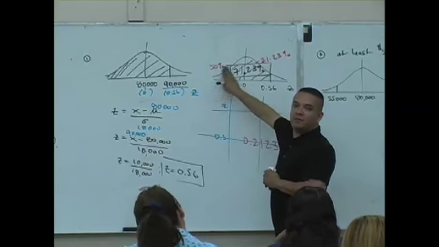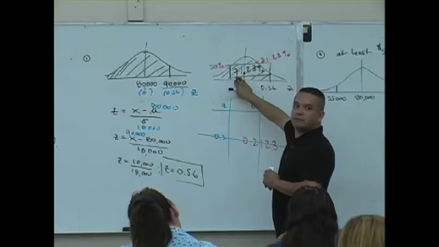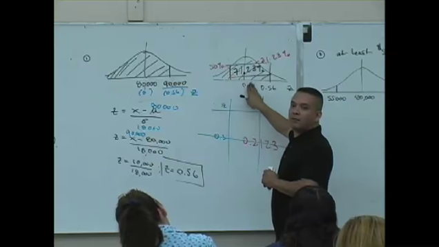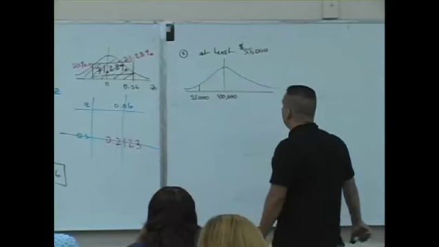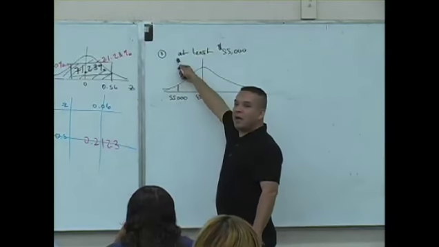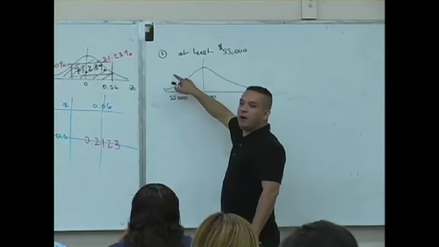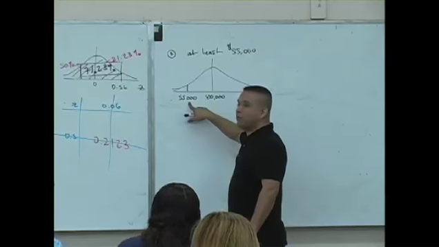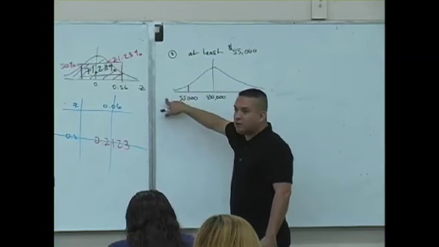The 50 plus the 21.23, which is 71.23. Okay? Left pocket, right pocket. And again, now this one, the question is, what percent of the bell is at least from the 55,000 here, right? What percent of the population make at least 55,000? What numbers are at least 55,000? Numbers to the left of the 55,000 or numbers to the right?